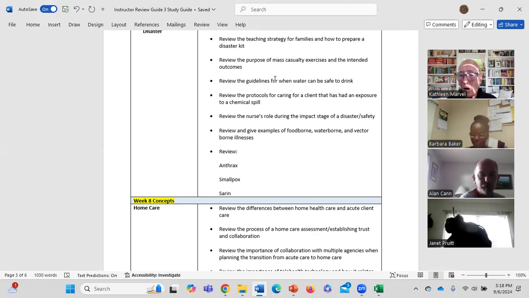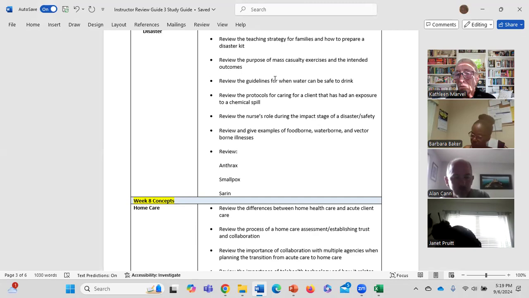Smallpox, skin issues, because remember we talked about how the red rash turns into pustules, which turns into deep craters. Anthrax, skin issues, respiratory issues. So review those three.